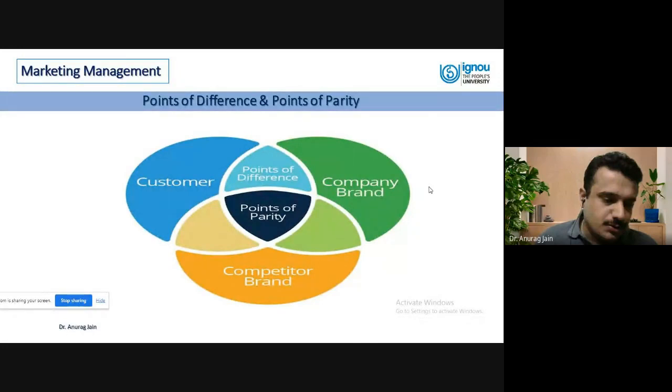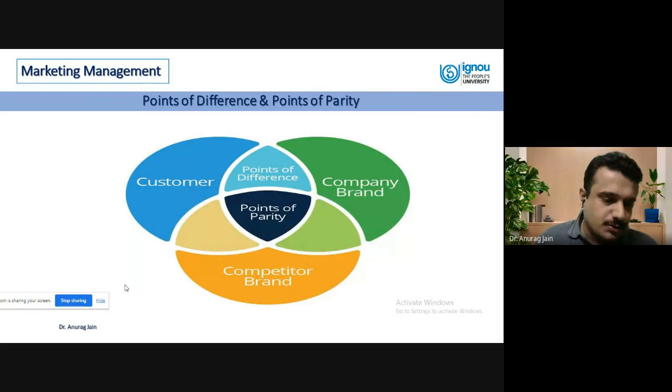Let me elaborate on this. You have your own company brand, which has its own identity and its own image in the minds of customers. There is a competitor brand which is also available in the market, right? There are 4 or 5 different brands available in the market, and there are customers who are your common customers. Suppose you market a pair of shoes, you are someone who is in the shoe industry. There is a common set of customers whom you reach out to, and your competitors also reach out to, right?